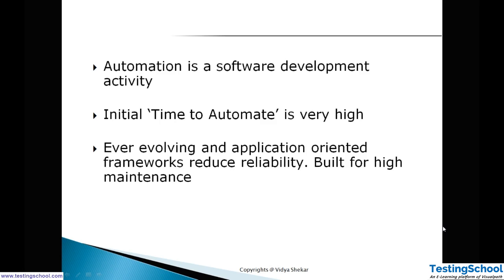Okay, and basically what happens is ever evolving application oriented frameworks reduce reliability. If the application keeps on changing, then the reliability will come down. So we need to build a framework in such a way that it is low maintenance. We need to build a framework to reduce the maintenance cost. It should be highly flexible.